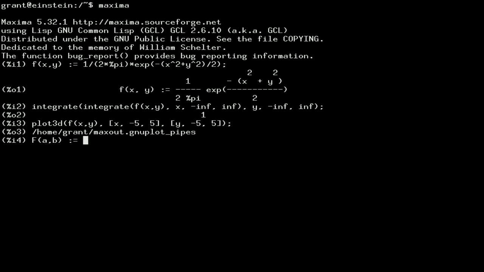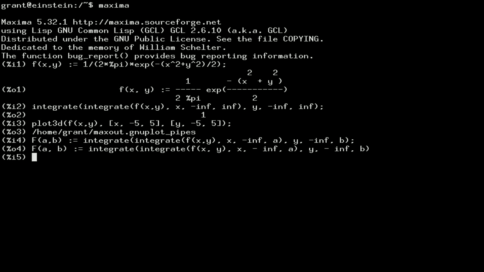So we have to integrate over the y values, integrate over the x values of our density function f of x,y, and we're having x go from minus infinity up to a, and we're having our y values go from minus infinity up to b.